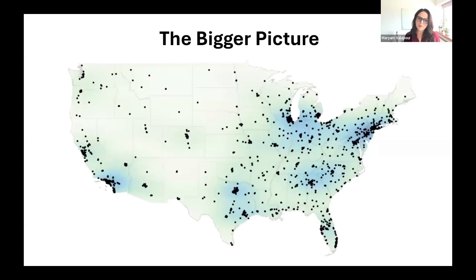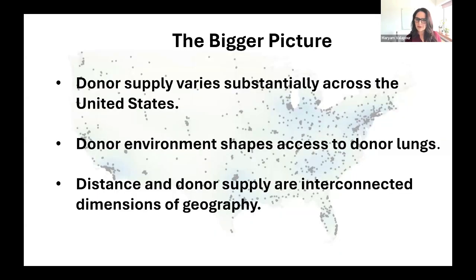I like to finish where we started. When I first looked at this map, I saw variation in donor supply. What I didn't yet appreciate was how much those differences would matter when distance became more important. Now we know that donor supply is not distributed evenly across the country.